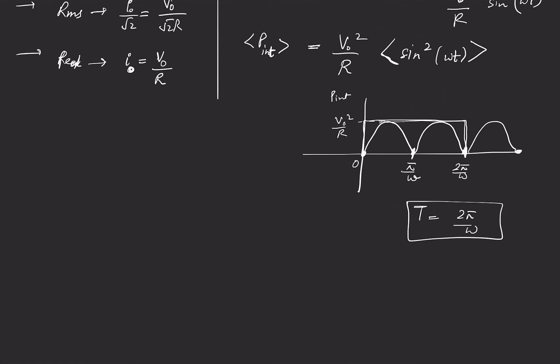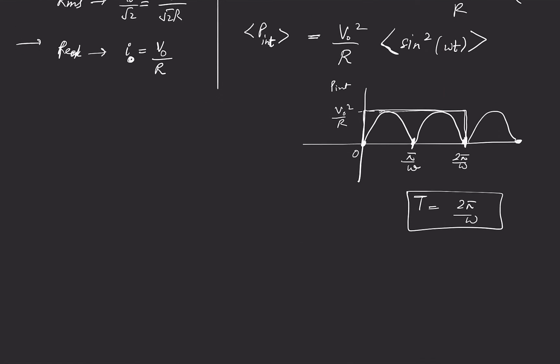How do you know that this completes one cycle in a time period of 2 pi by omega? If you have done functions in maths, you would know that the time period of sin t is 2 pi, and the time period of sin of kt is 2 pi by k.